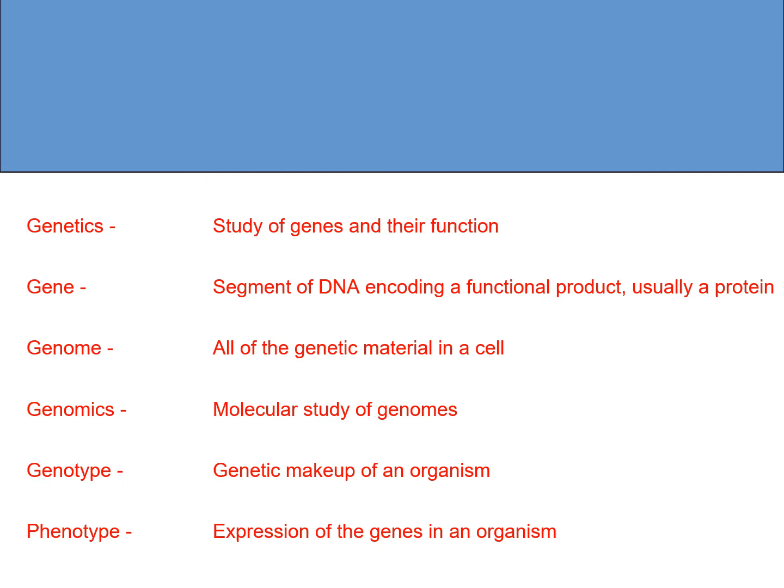First, let's start with some definitions of terms that you might want to go back on. If I use one of these terms, you might want to check the definitions of them. Genetics is the study of genes and their function. A gene is a segment of the DNA which codes for a functional product, and that normally would be a protein.